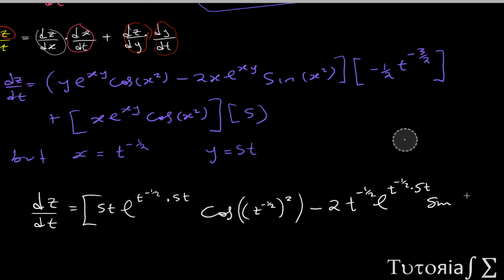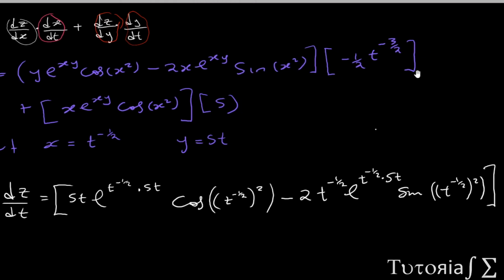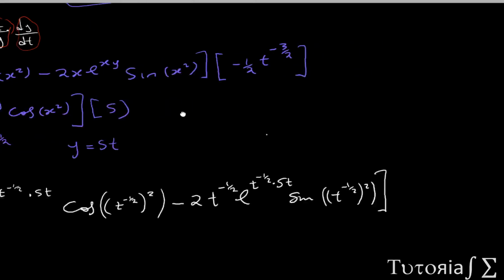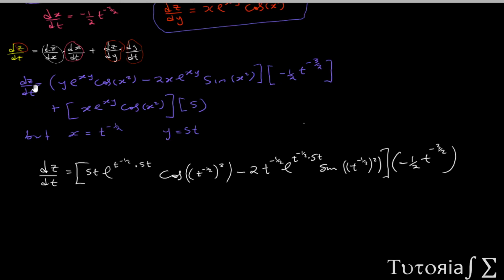So put x in brackets, t to the negative half, then squared. So that is this part. Then times negative half t to the negative 3/2. Okay, so that is this part.